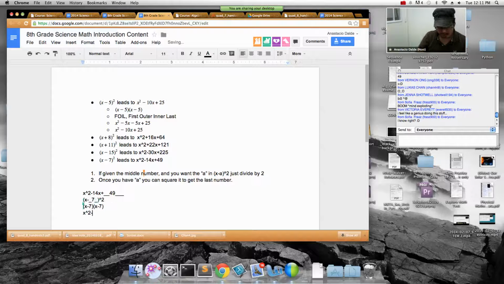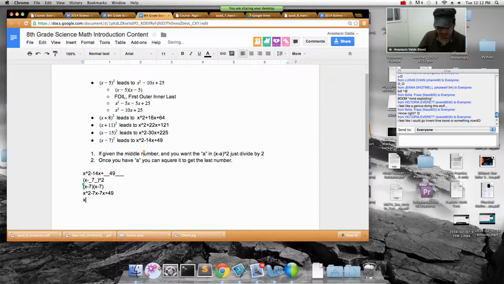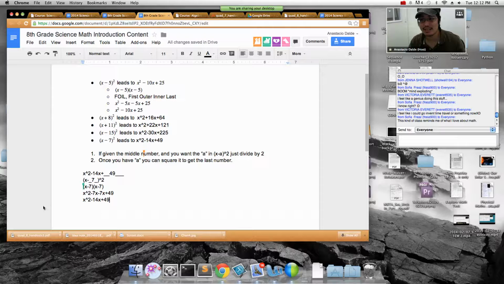Then you'll have a minus 7x. You'll have a minus 7x. And you'll have a plus 49. And then you'll combine those two in the middle, and you'll have an x squared minus 14x plus 49. Look, they are the same thing. You see what I mean? Like this right here, x minus 7 squared, is the same thing as that.